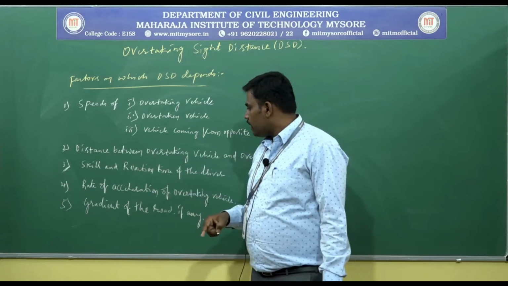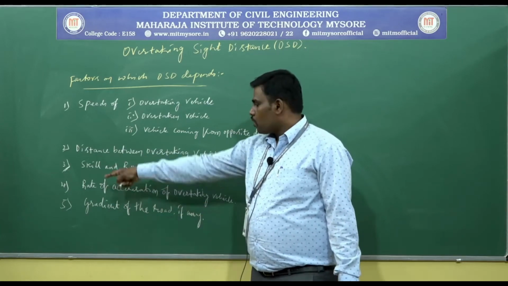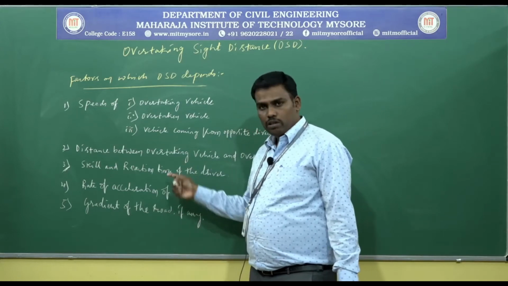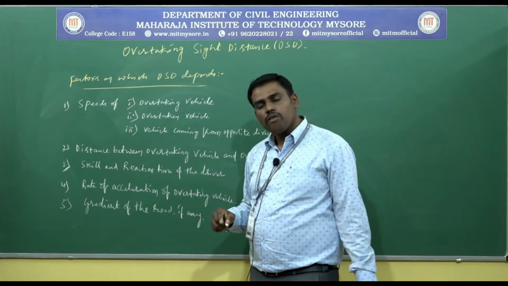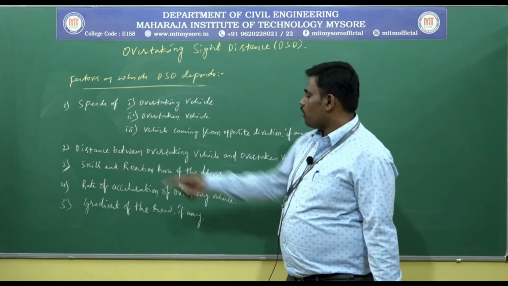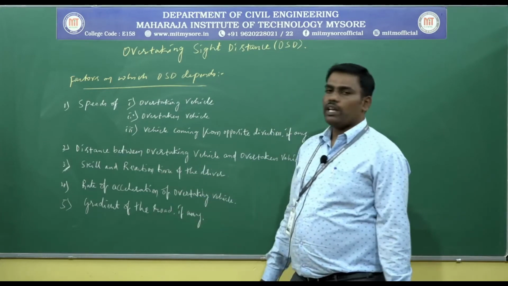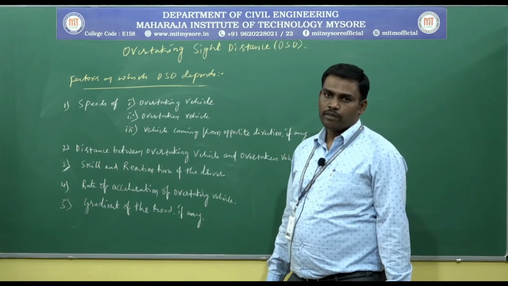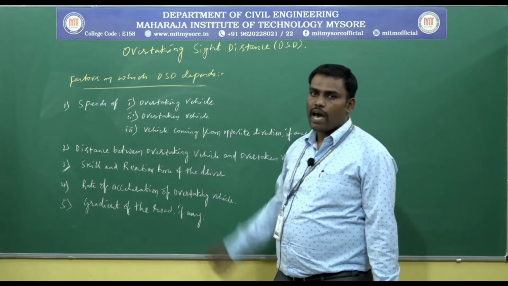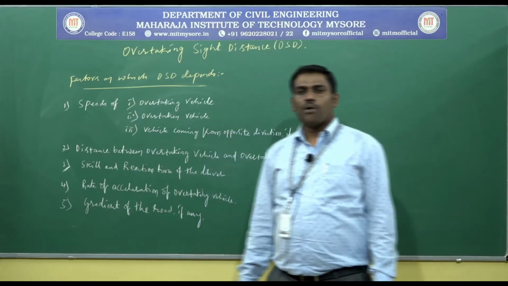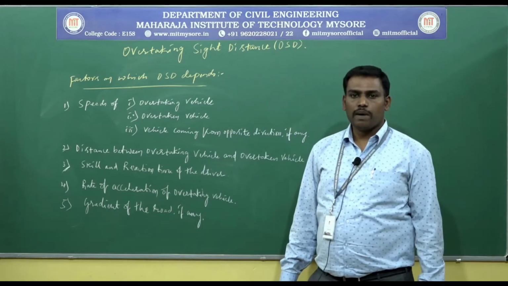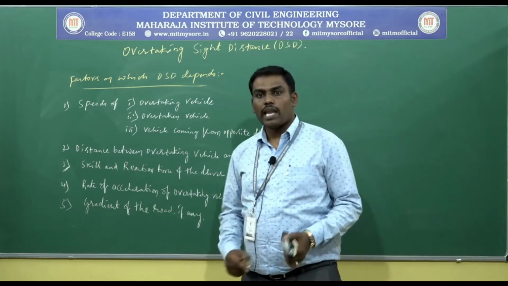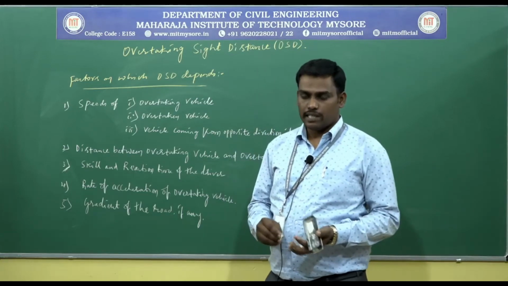Third, skill and reaction time of the driver. Fourth, rate of acceleration of overtaking vehicle. And fifth, gradient of the road, if any. Is it clear? Okay, next I'll move on to the analysis of overtaking side distance.